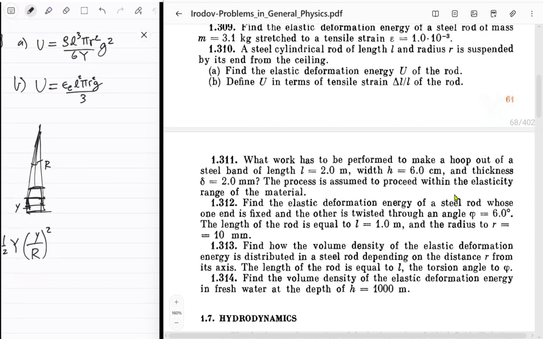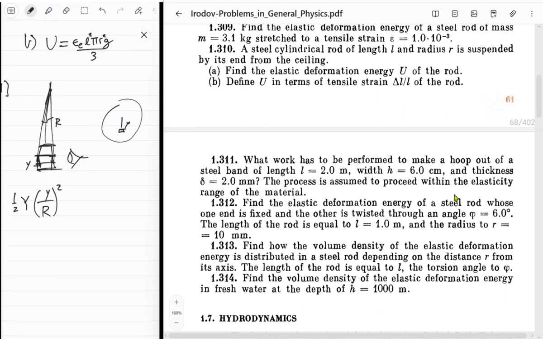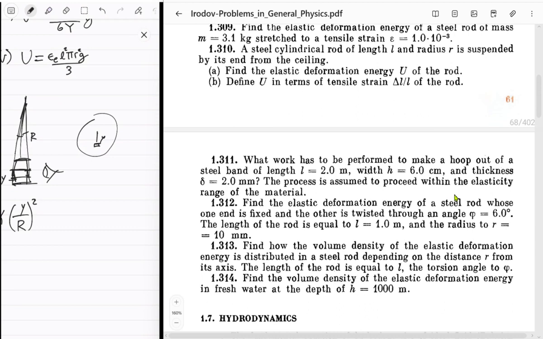Now I'm going to view the cross section from this side. It will look like this. This dA element is at some y value. The volume will just be dA times the length, which is this 2 pi r.